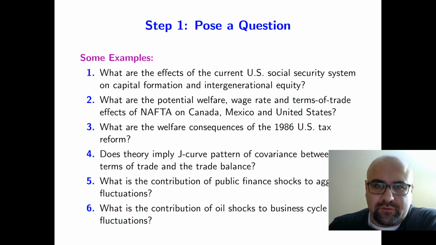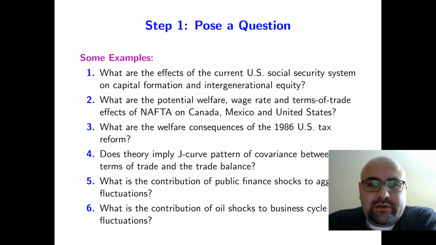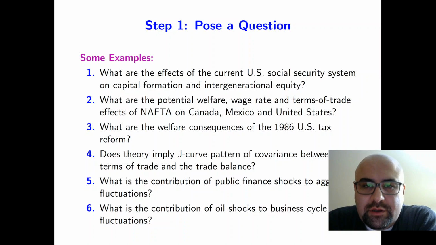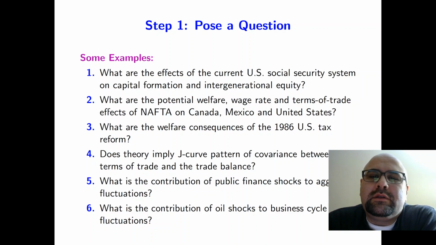Here are some examples from the paper. These are actually real research questions that are asked and answered in published papers in the literature. So you should just check the paper for the citations of these. So here they are.